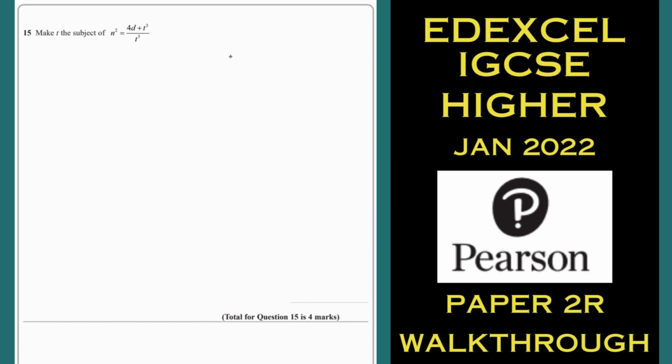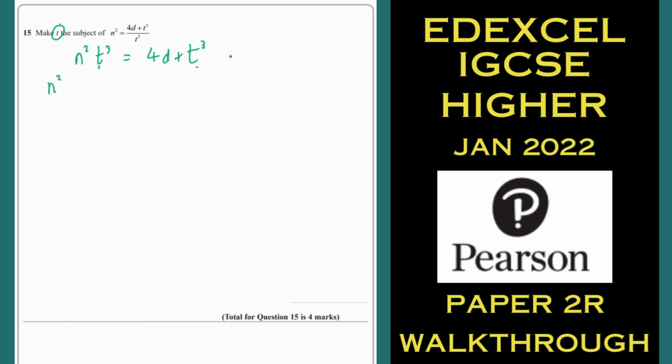So get them all on one level by multiplying both sides by t cubed. Numerator remains the same. And as always with these, if you want to make t the subject and there's more than one of them, you need to isolate them, which means get them onto one side.